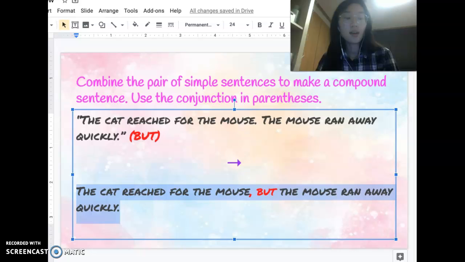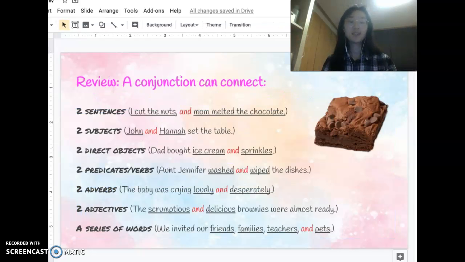All right. And the part that a lot of people had trouble with, which I completely understand because it is extremely confusing, is that a conjunction can connect a lot of different things. What can they connect? It can connect sentences, subjects, direct object, predicates and verbs, which are the same, basically, adverbs, adjectives, and a series of words.